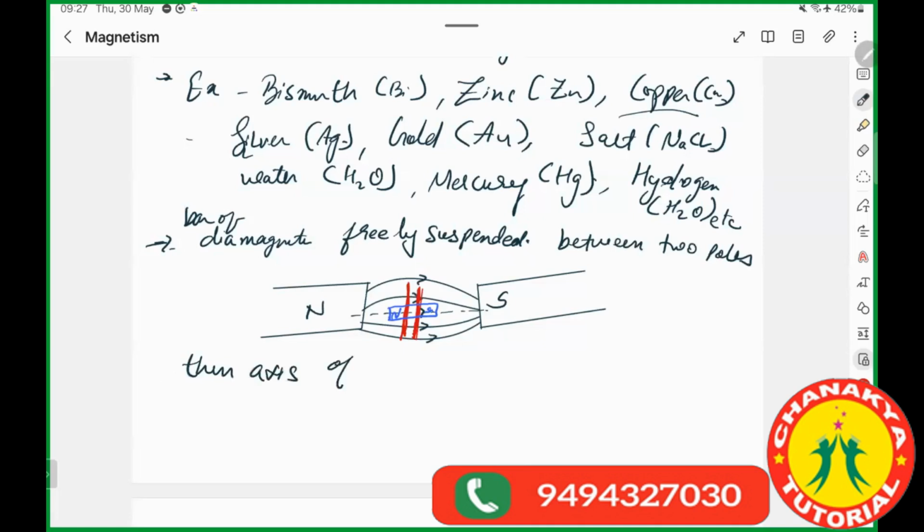The axis of the bar becomes perpendicular to the magnetic field.